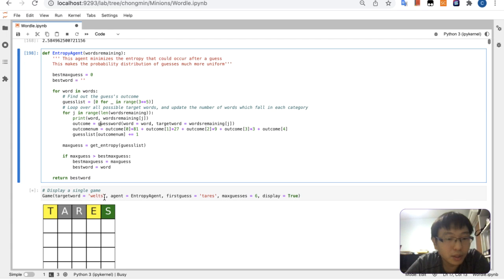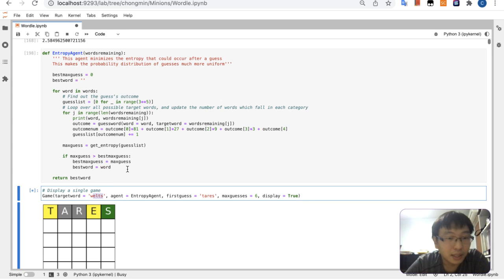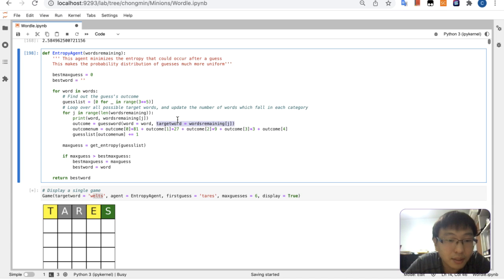Yeah, so somehow if we go to welts, it didn't really work out. They have a key error. Okay, I need to debug it because I'm not sure why there is a key error, because you're supposed to take both words, the word itself as well as the target word, unless there's something wrong with the target word here that causes this agent to fail.